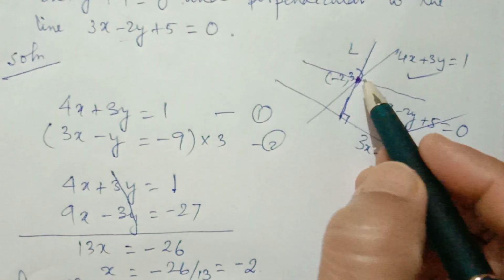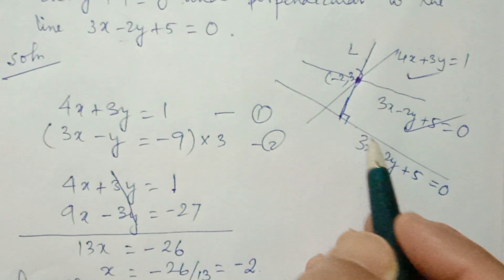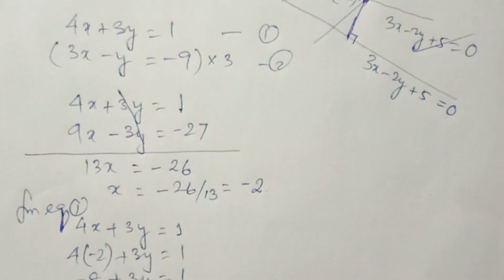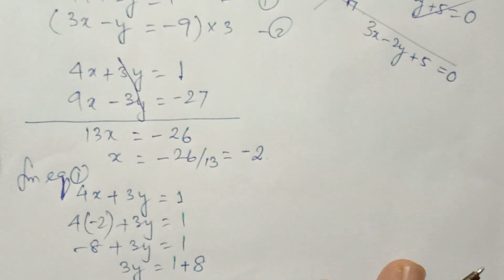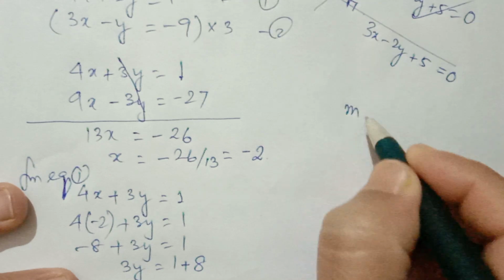Now this line is perpendicular to this. Now whenever you get parallel, perpendicular, then you use the slope concept: when two lines are parallel, then slopes are equal.